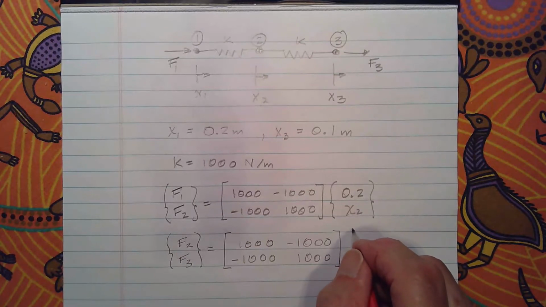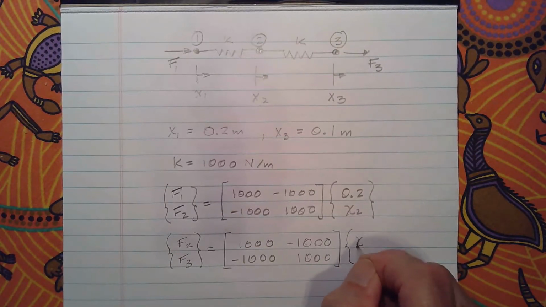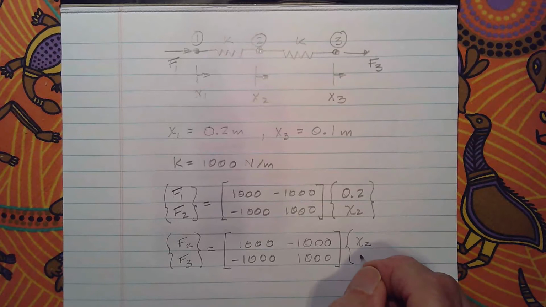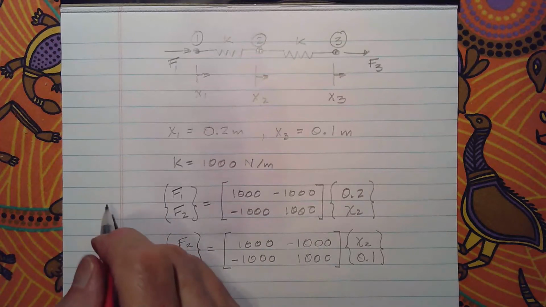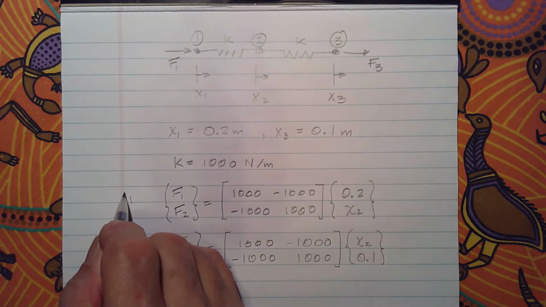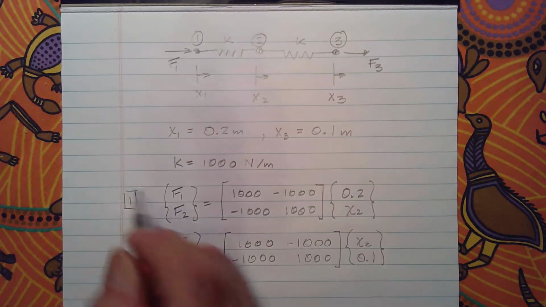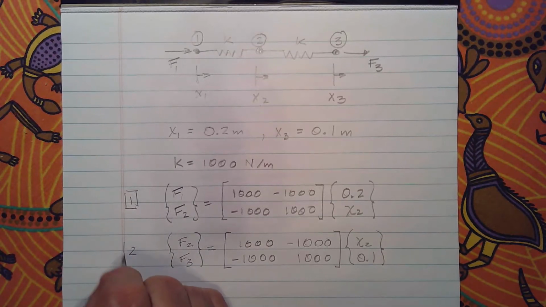Then we do not know x2, and we do know x3. So these are the local element stiffness relationships for element 1, and the way I like to label elements is to put a number and a square around it rather than a circle, and this is element 2.